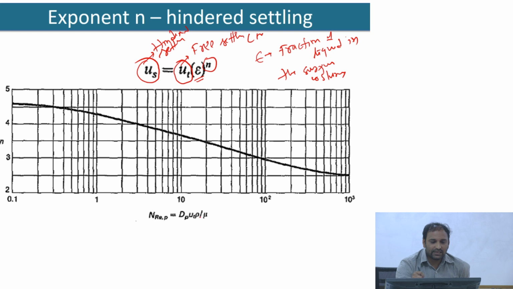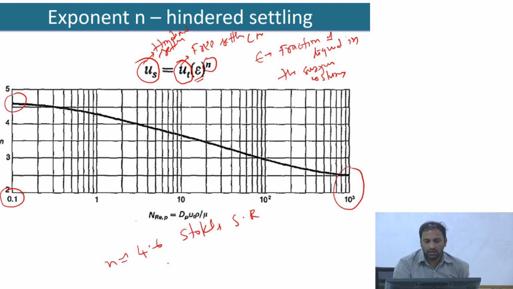If I take a limiting case of very low Reynolds number, the typical value of n is about 4.6, that is for the Stokes settling regime. And if you look at a typical case for a Reynolds number of the order of 1000, that is your Newton's settling regime, it turns out that the value of n is of the order of 2.5.